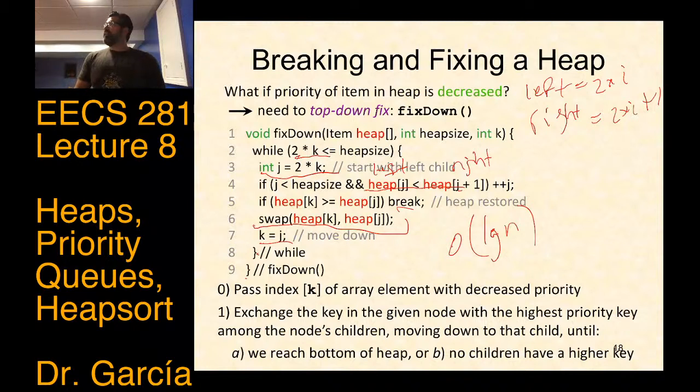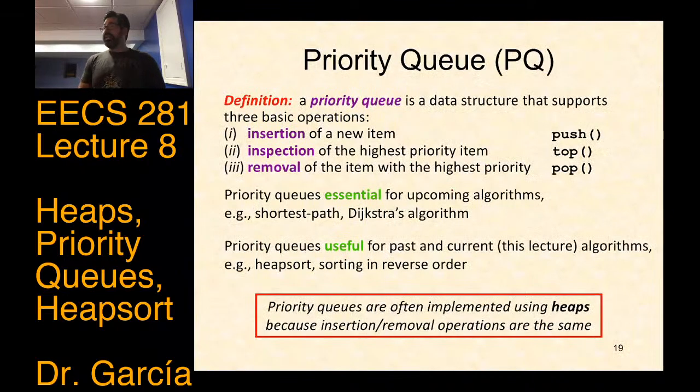All right, so now we have 2 functions for fixing a heap, and that's what we need in order to implement a priority queue. So a priority queue in general is a data structure that supports 3 basic operations, namely insertion of a new item, so we basically need to add to our priority queue.